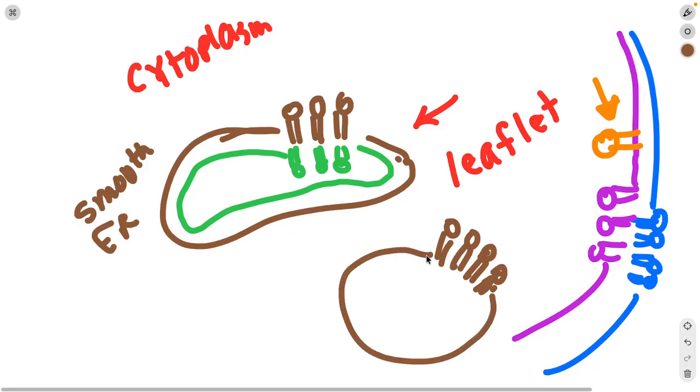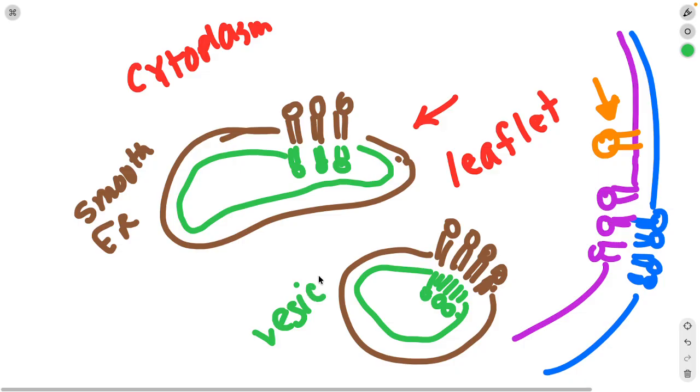And so when we have a vesicle pinch off from the smooth ER, that vesicle will look like this. Okay, so it'll pinch off. It'll have that same orientation as the original smooth ER, like that. And so this is a vesicle, and they generally are pretty generic. Oh, it's a vesicle moving on its way. So it's got to pinch off and carry this, right?